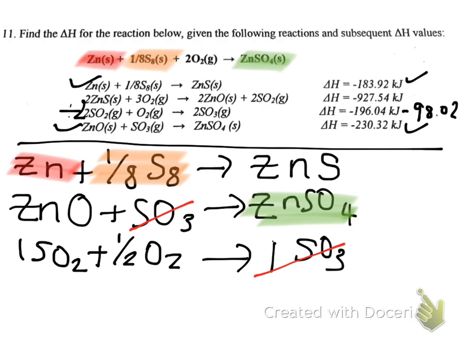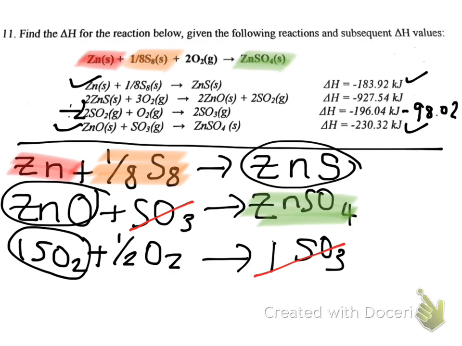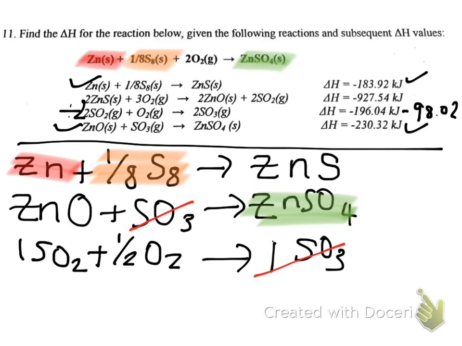All right, so now I'm going to try and cross out the SO2 and the zinc oxide, and then eventually we're going to have to cross out this zinc sulfide here. It turns out that this equation, if we manipulate it correctly, does all of those things for us. So we are going to have to divide this by 2, because if we divide this by 2, we'll be left with 1 SO2 that could be crossed out with this 1 SO2 over here.